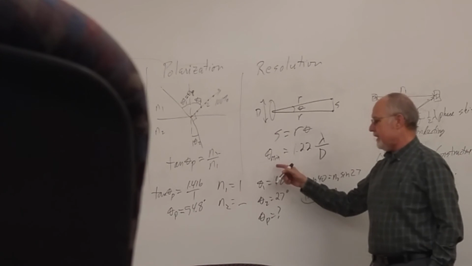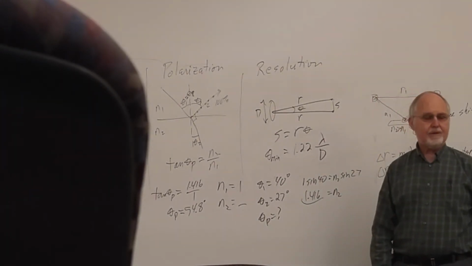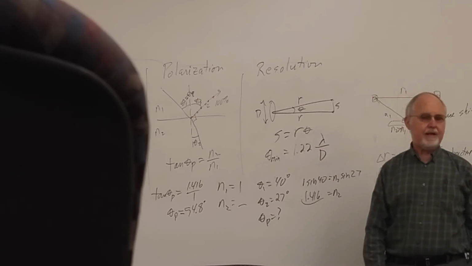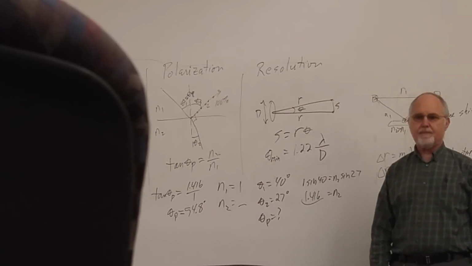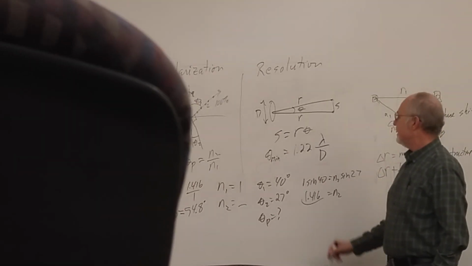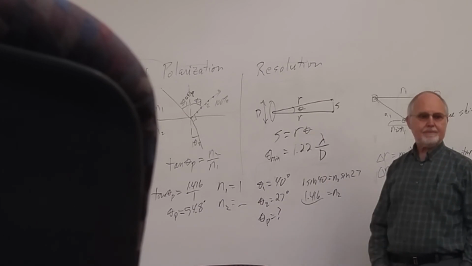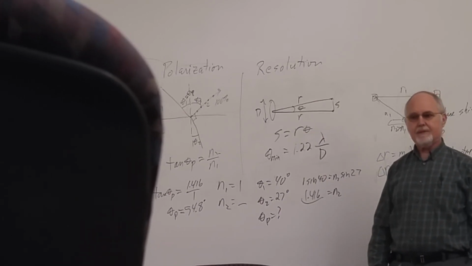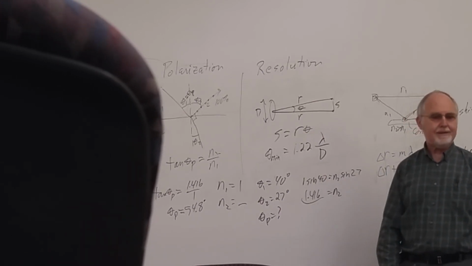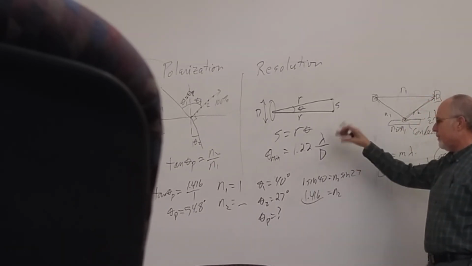The angle is in radians, here and here, but don't try to get into doing sine, cosine, or tangent, because you're probably going to mess something up, and it's not going to be the right answer. Plus, technically, these are not right angles. It's an isosceles triangle, and no, they're not right angles there. But that would be resolution.